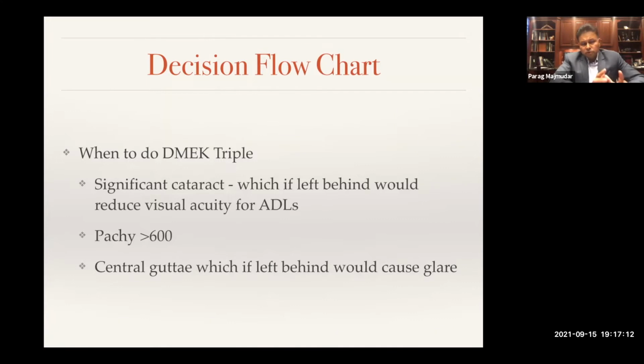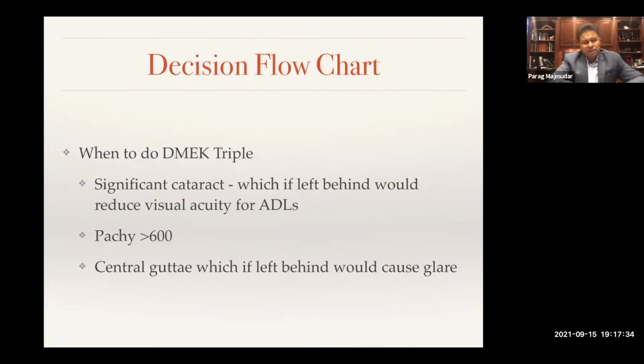And the final decision flow chart would be when to do the triple surgery, the triple procedure where you're doing DMEK, cataract surgery, and intraocular lens insertion. So obviously, if your patient has significant cataract and if you left that behind, it would not improve the visual acuity for their activities of daily living, I think it makes sense to do cataract at the time of DMEK.